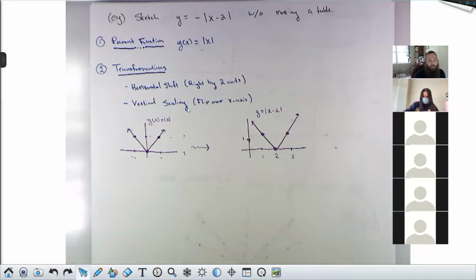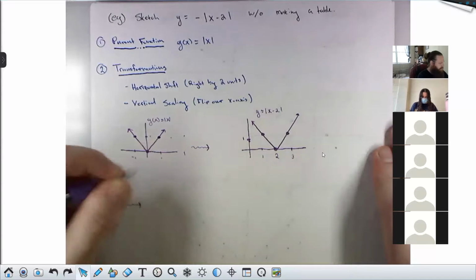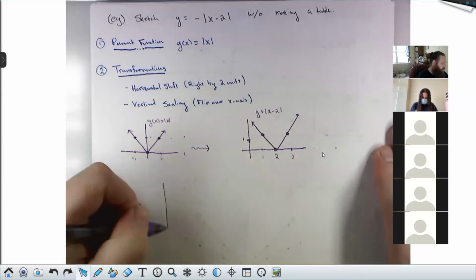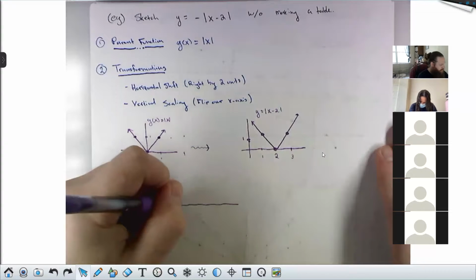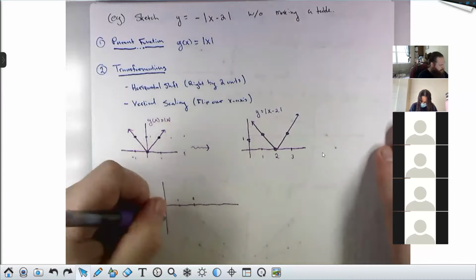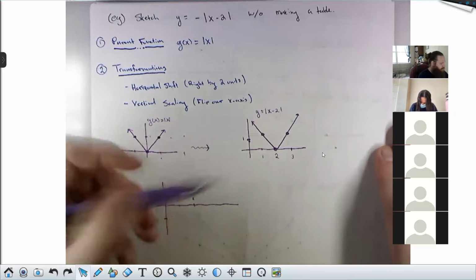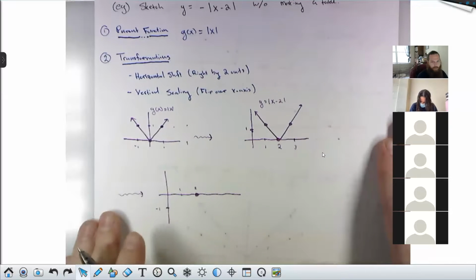So I haven't finished yet. Now my last move is this vertical scaling. So I'm going to take this graph and flip it over. So the point (2, 0), when you flip it over or multiply the y value by -1, stays (2, 0).